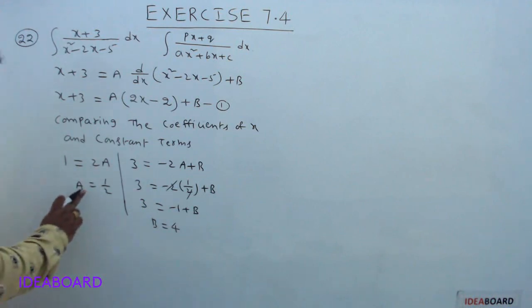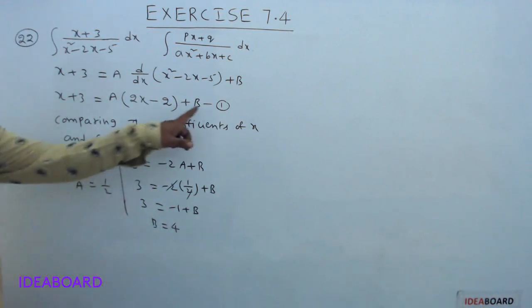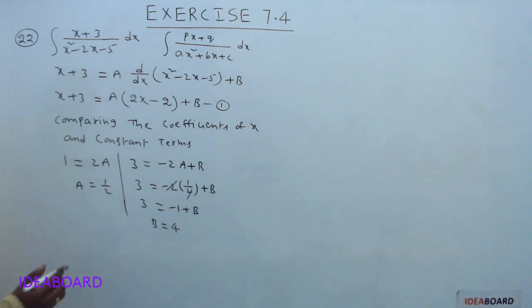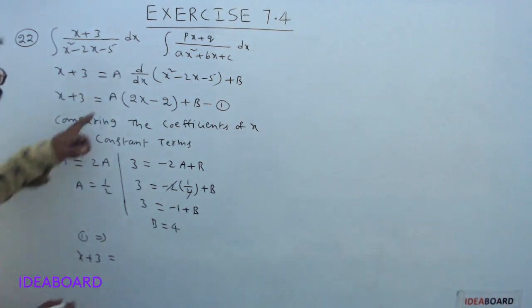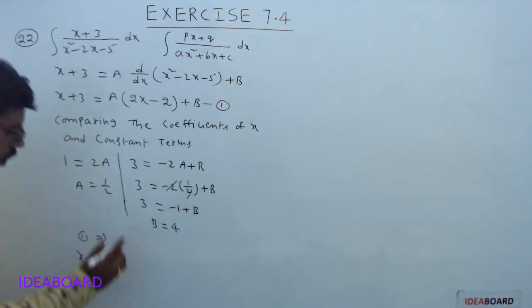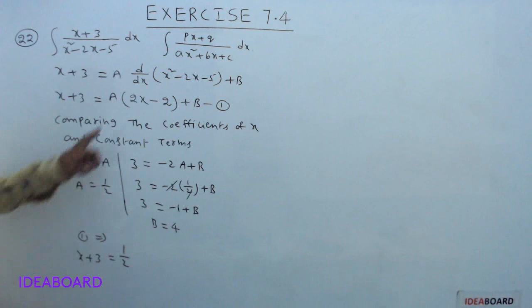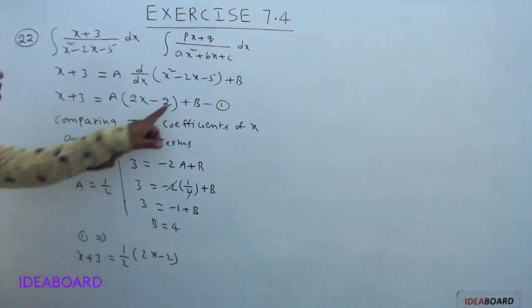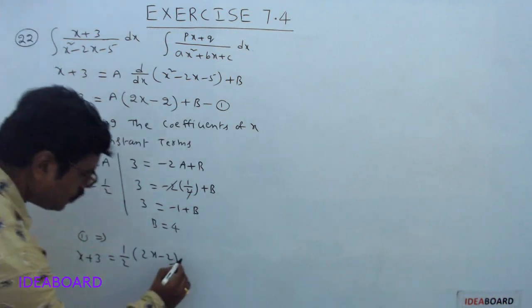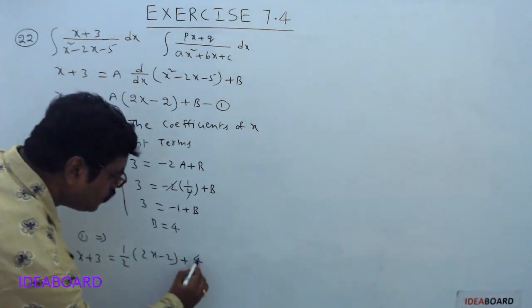Now substitute the values of a and b in this equation 1. So LHS part, x plus 3 equals a into, what is the value of a? 1 by 2 into 2x minus 2 plus b, value 4.